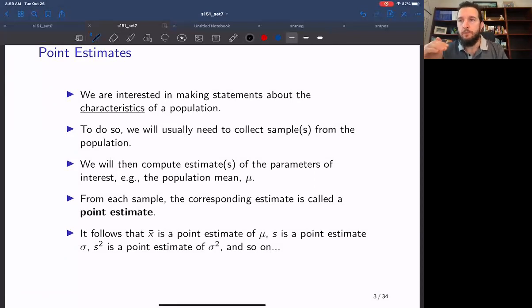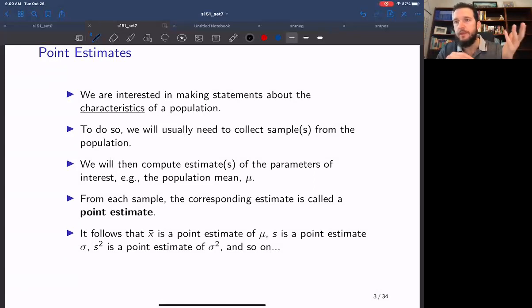So to estimate the population mean, we need to build a reasonable point estimate. Our point estimate for the population mean will typically be X bar, so the sample mean. Technically, every population quantity has a point estimate that could be used to estimate it. So X bar is a point estimate of mu, which is the population mean.